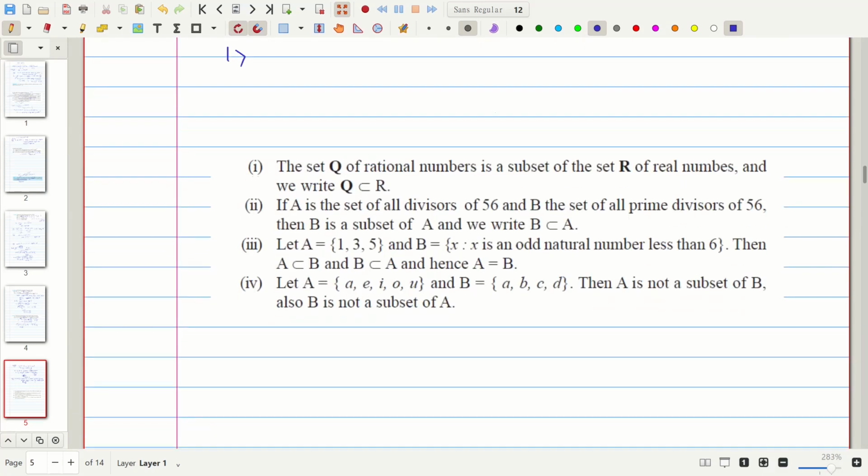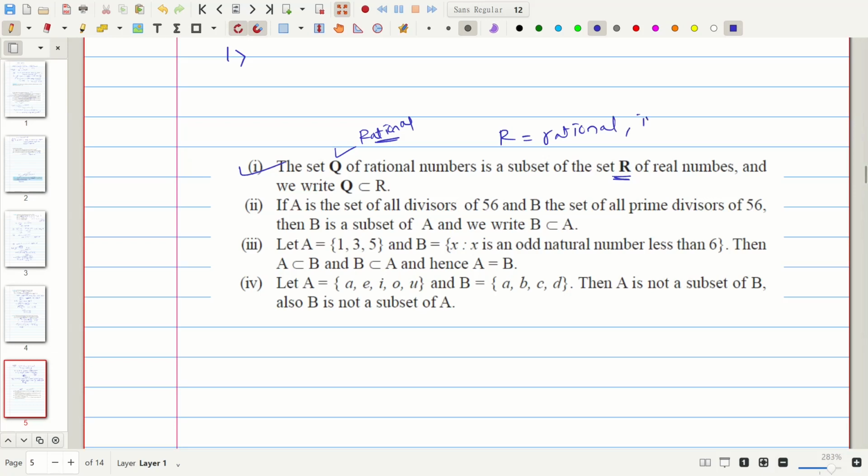Example 1. We know Q is the set of rational numbers. These are the standard symbols, and R is the set of real numbers. What is the definition of a real number? A real number is one which contains both rational and irrational numbers.